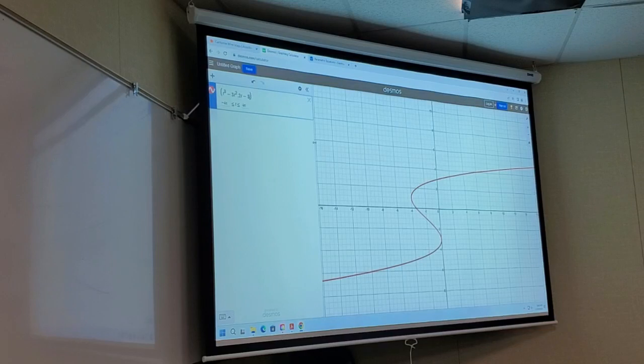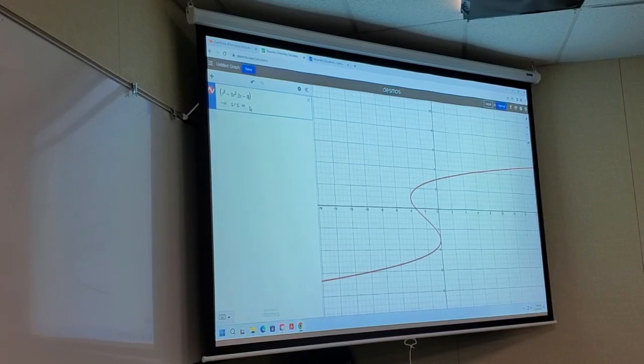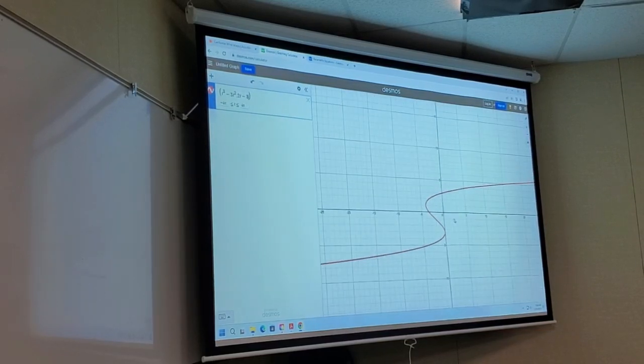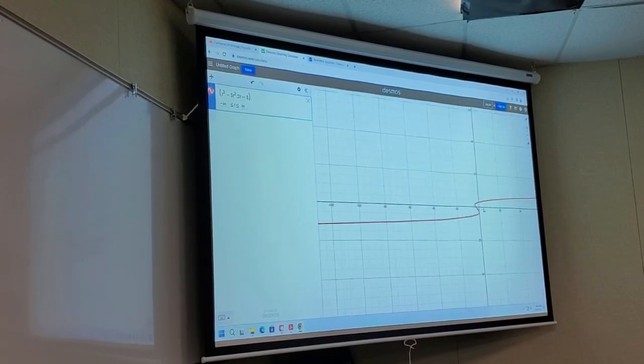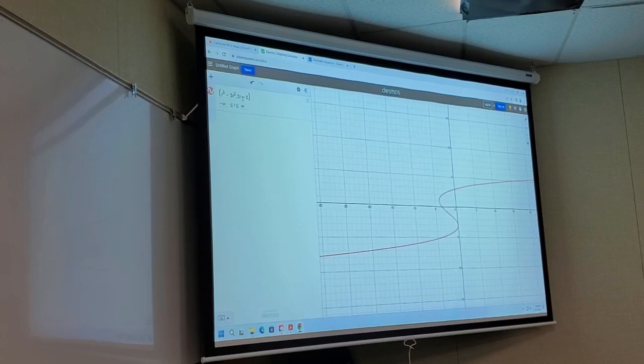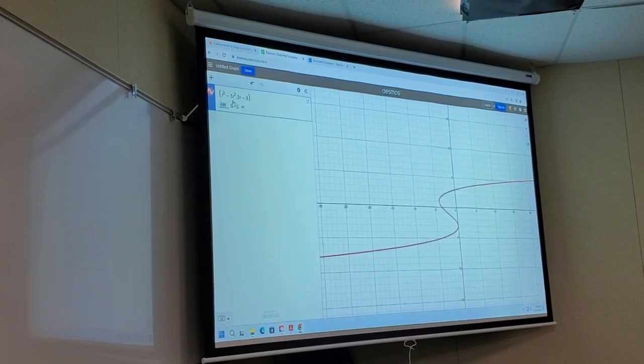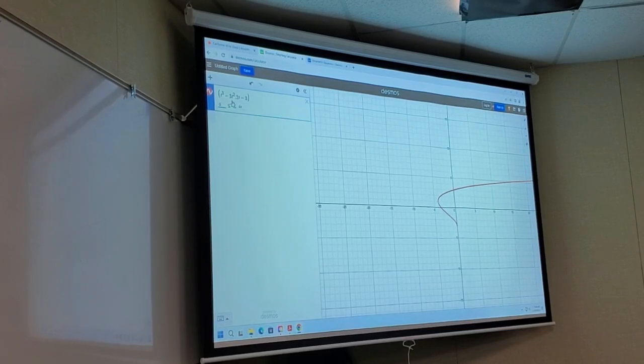If I let the range go further, I get more of it. And sure enough, if you turn your head, isn't that a cubic? How far will it go? It depends. If I change the value of t, I cut off part of it because now it starts at 0 for t, and that doesn't pick up all the points, does it?